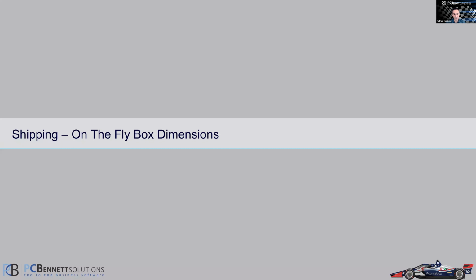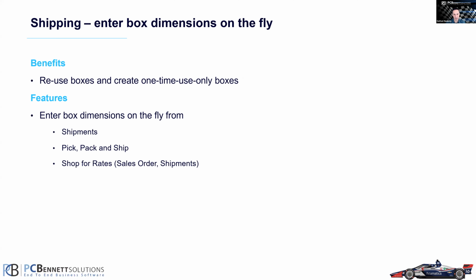We can now also, when it comes to shipping, create box dimensions on the fly. It used to be that in Acumatica, we would have to predefine our boxes, but now we can enter them on the fly, meaning we can reuse boxes. Oftentimes retailers will upcycle and recycle those boxes, cut them down to make custom ones, make them tighter fits.